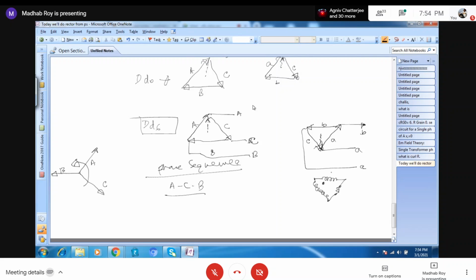This is B, this is A, and this is C. Here also this will actually be C. And this will be B, this will be A. Okay, so that's the connection diagram. That is the main catch here. You can do the DD6.